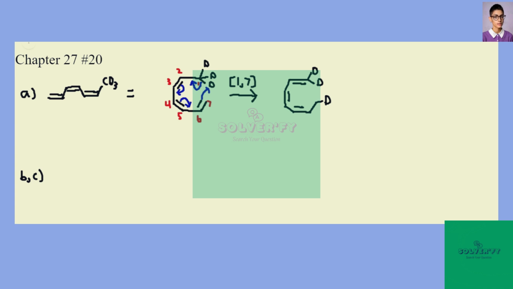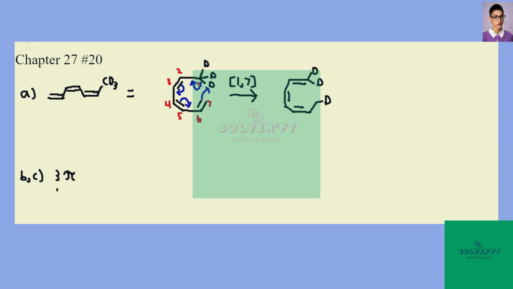Parts B and C are asking us whether it will be antarafacial or suprafacial under the two different sets of conditions. And the way to make that determination is to count the number of pairs of electrons involved in this reaction. So we have 3 pi bonds that are taking part in this reaction. So that's 3 pairs of electrons.